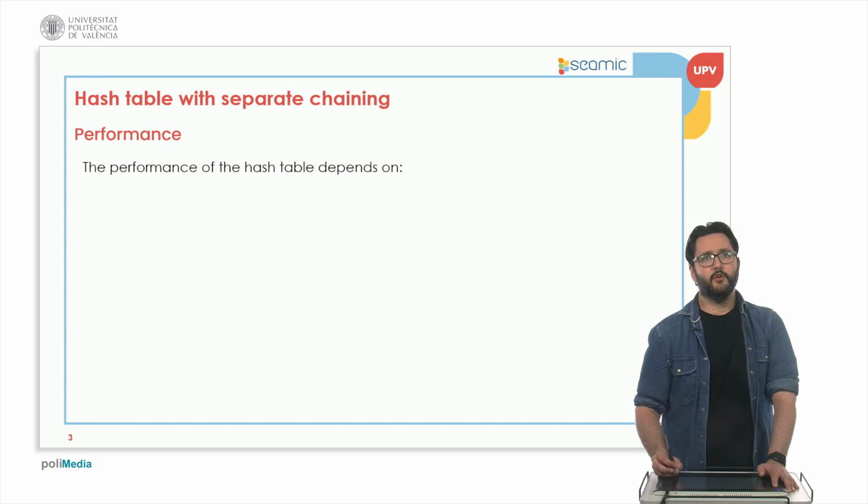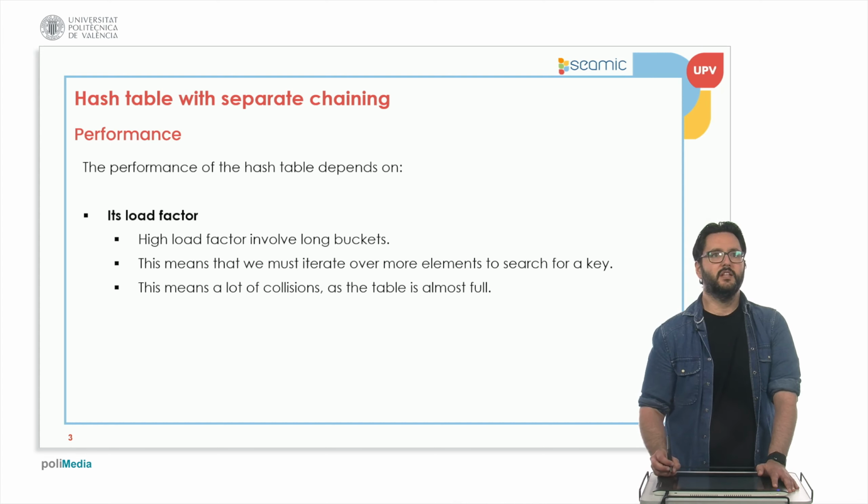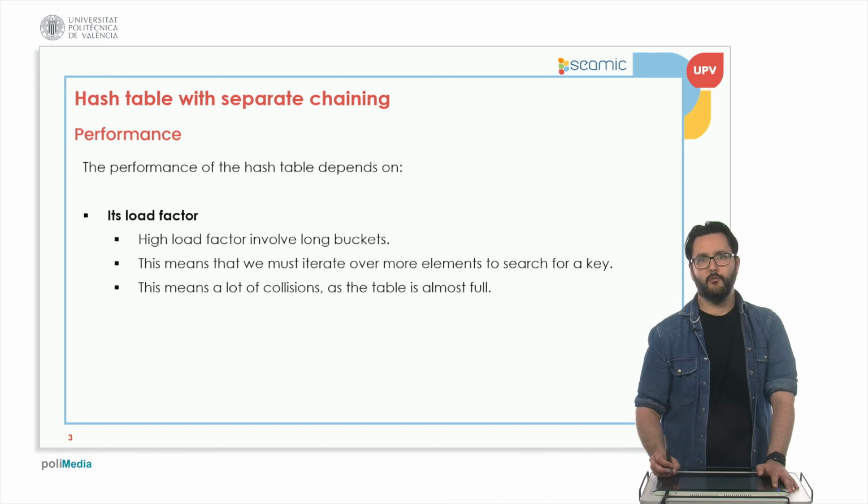Again, the performance, this is something that we've seen in the beginning of this unit, comes from its load factor, meaning that a high load factor involves long buckets. This means that we must iterate over more elements to search for a key, as we have seen in the previous slide.